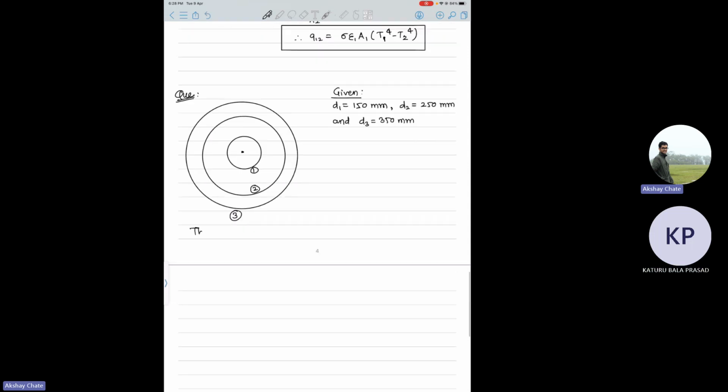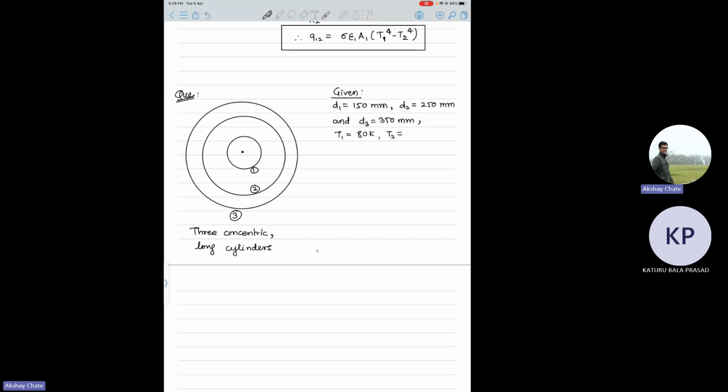These are 3 concentric long cylinders. Apart from the diameter, the temperature of the inner cylinder is given as 80 Kelvin.